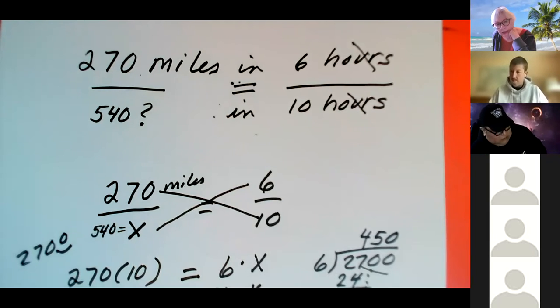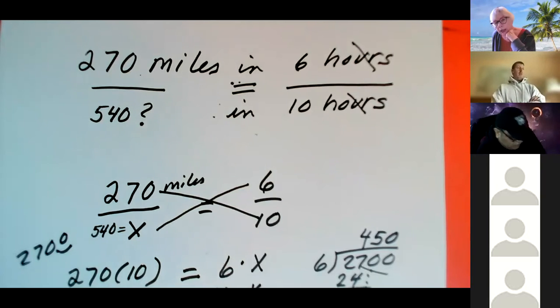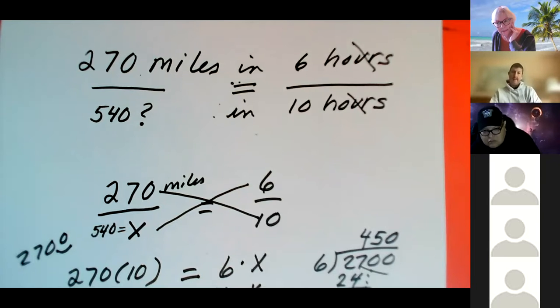Here's the deal, and this is what makes word problems annoying for some people. There are literally 8 ways to set this up. 8. 4 of them are correct. Ha! What does that mean? That means that there's 4 ways to set it up incorrectly.